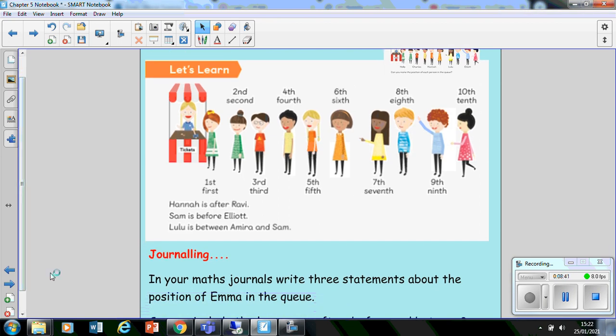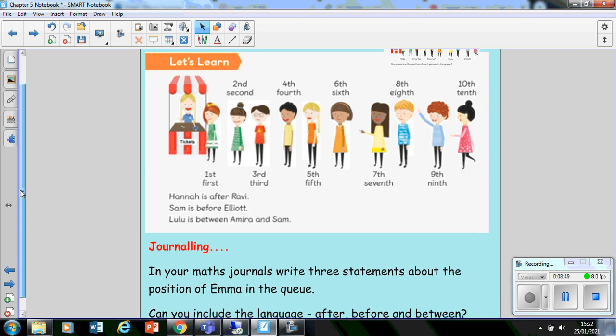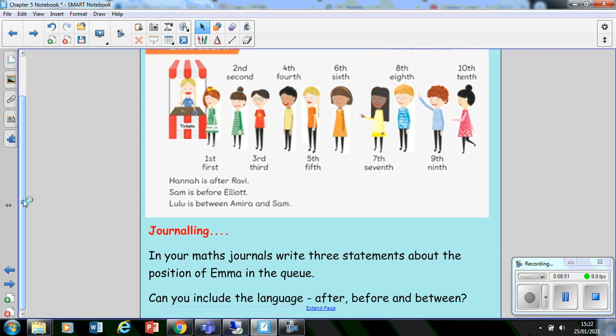Now, in your journals, you are going to write 3 statements about the position of Emma in the queue. Okay, you should have your sheets. I would love it if you could include the language after, before, and in between or between. I'm just going to show you the sheet that I have made for you.